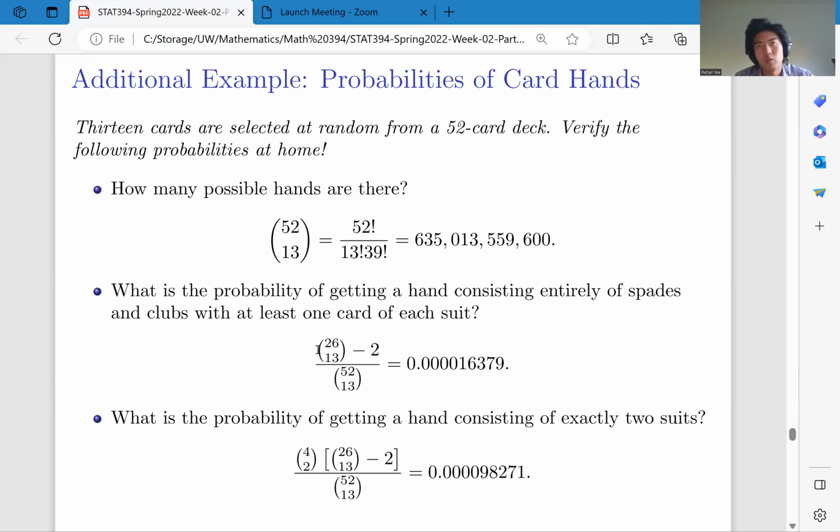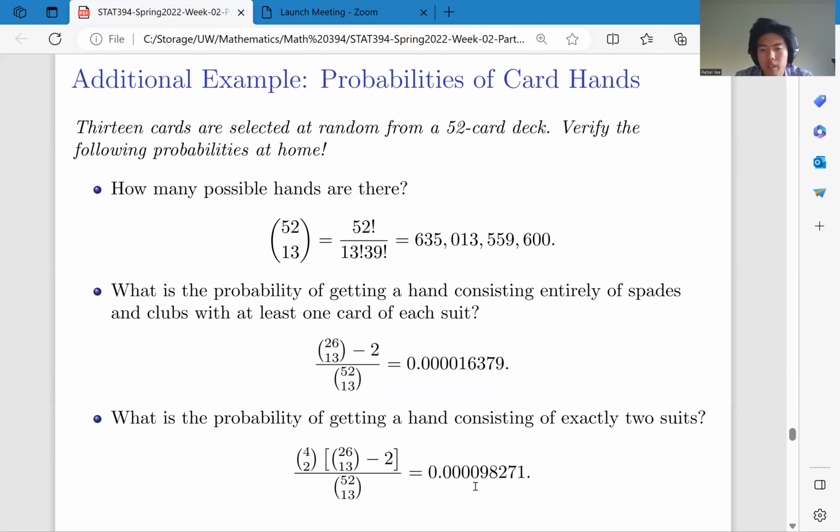There are only 4 suits, and we need to choose 2. So the result is 4 choose 2 times the result here.